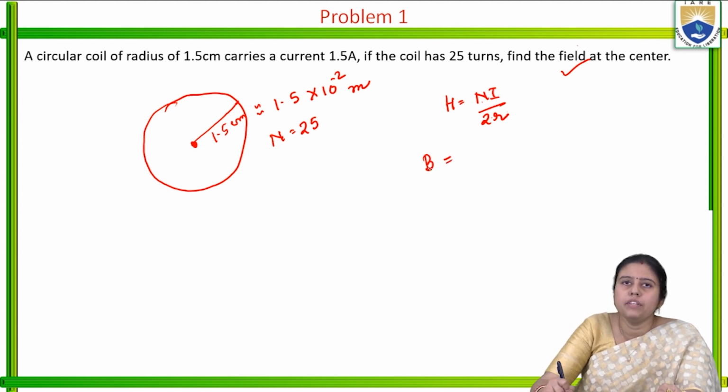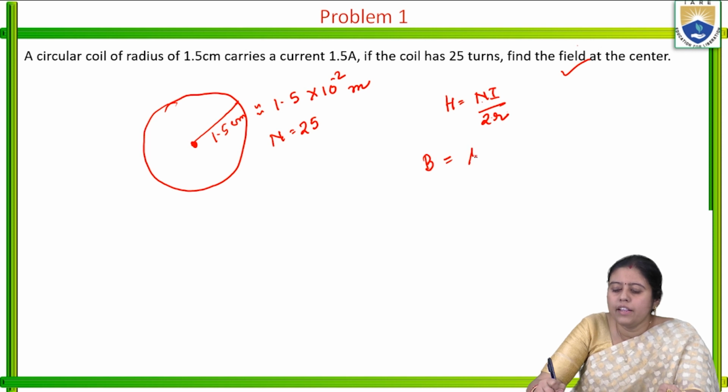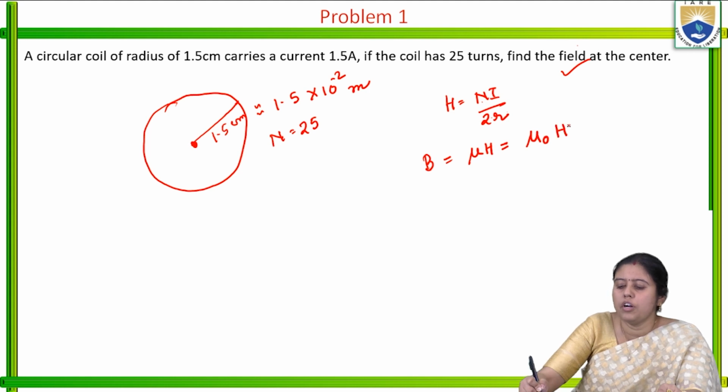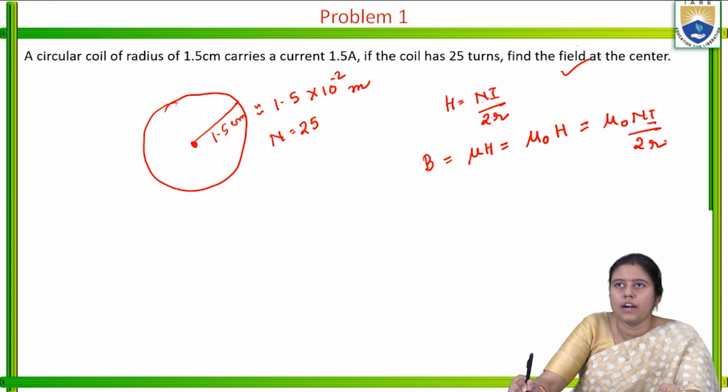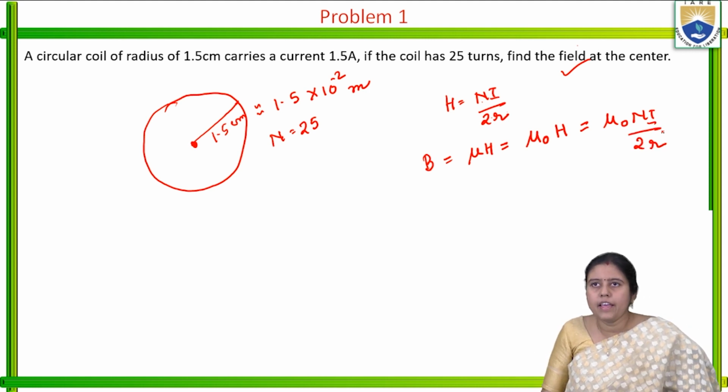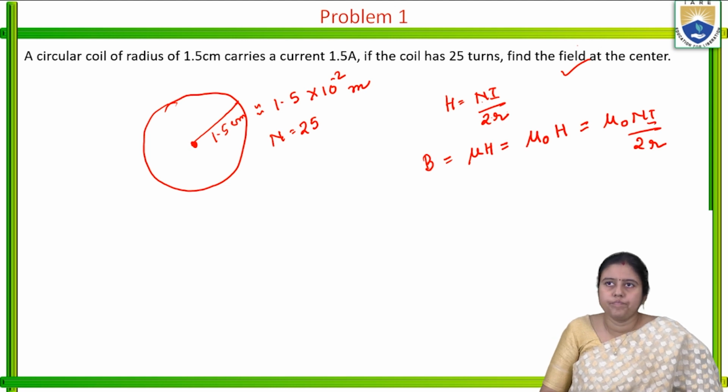B is the flux density. The relation is B is equal to mu H. Here mu is equal to mu naught, so B is equal to mu naught Ni by 2R.